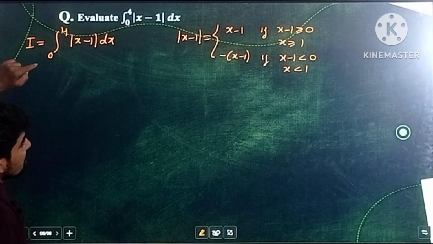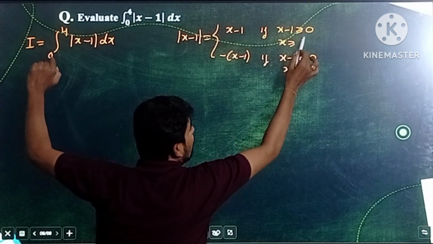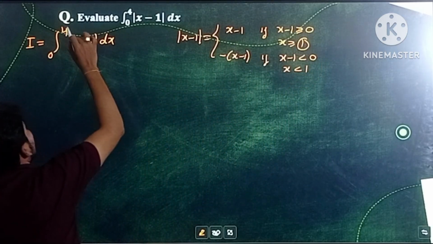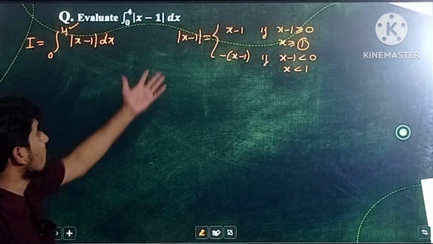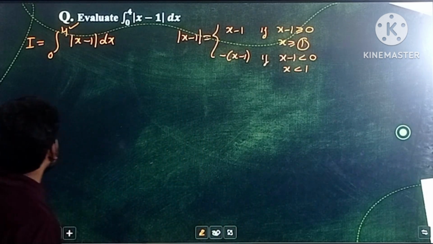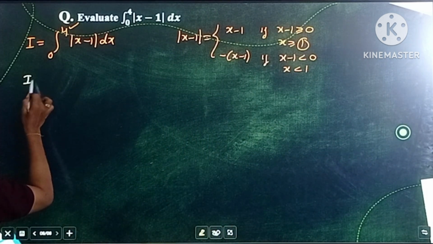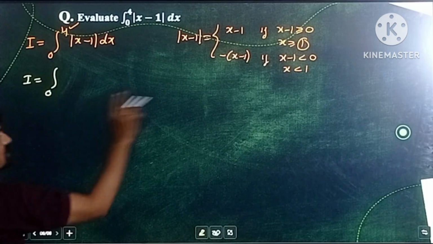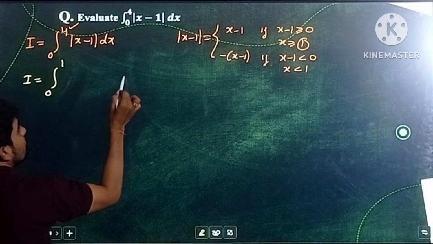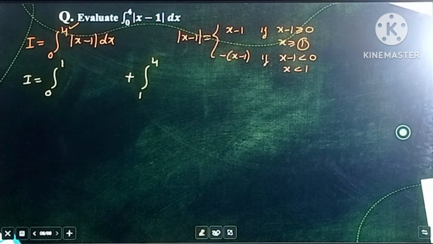So it means I am going to break the integral limits. Firstly 0 to 1, and then 1 to upper limit 4, because this mod function divides at the point x equals 1. So now I can express this I as I is equal to the integration from 0 to 1 plus the integration from 1 to upper limit 4.